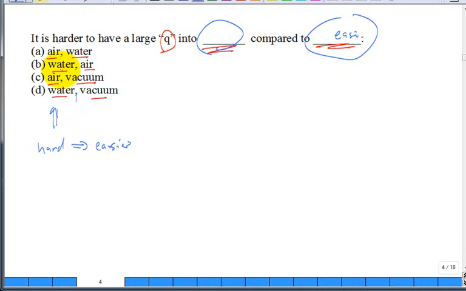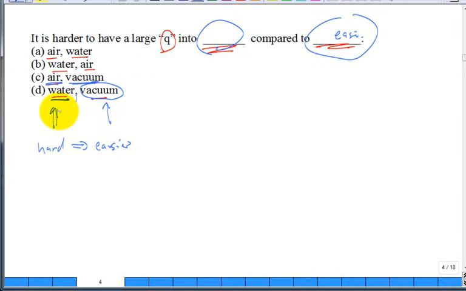Is it easier to dump heat into air than it is to dump the heat into a vacuum? Is it easier to dump heat into water than into a vacuum? Is the vacuum easy compared to water? Is the vacuum easy compared to air? Does that make sense? I know the wording is difficult.